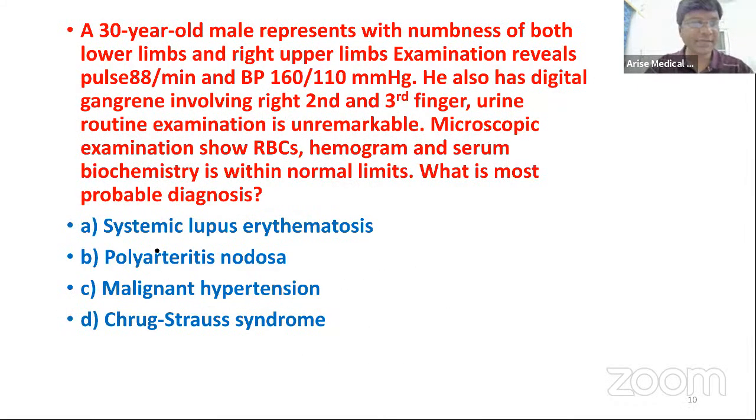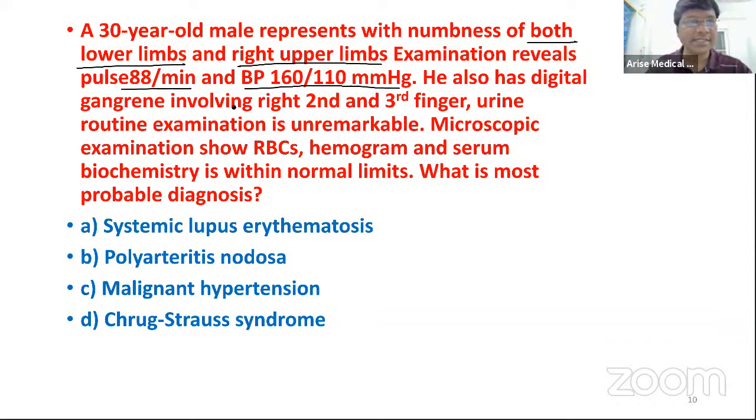Yes. Now, this is another very interesting question, and let me see how many of you can crack this. We have a 30-year-old male presenting with numbness of both the lower limbs and right upper limb. Examination reveals pulse rate of 88 per minute and blood pressure of 160 by 110 millimeters of mercury.